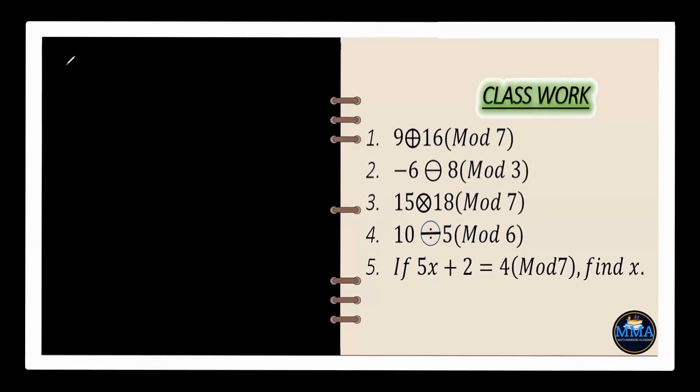So the first one, number 1, we have 9 plus 16 mod 7. So in mod 7, 9 is going to become 2, because that's the remainder you get when you divide 9 by 7. And 16, when you divide 16 by 7, you are also going to have a remainder of 2.